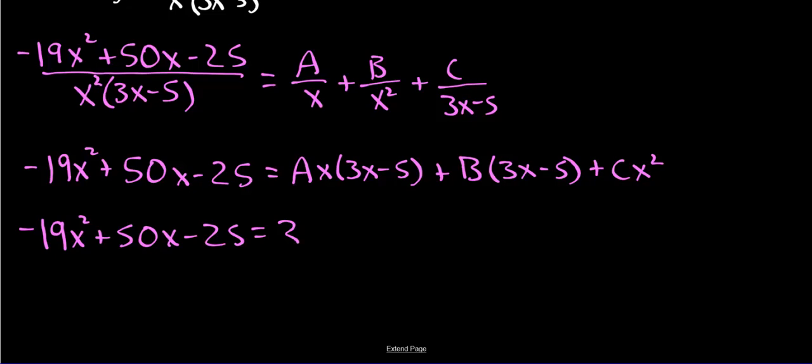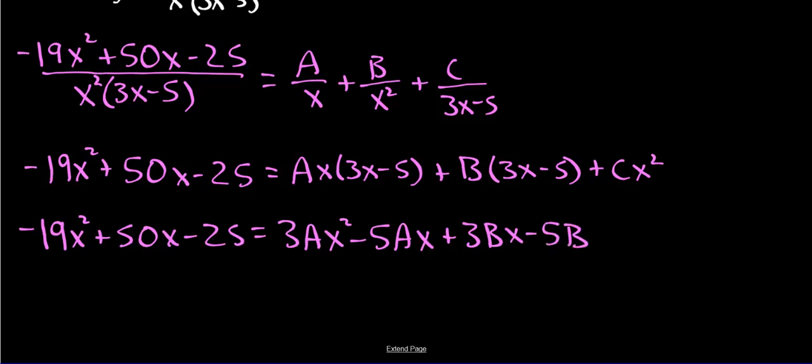Okay, so here we go. We've got 3ax squared minus 5ax plus 3bx minus 5b plus cx squared. Okay, so all I did was clear my parentheses.